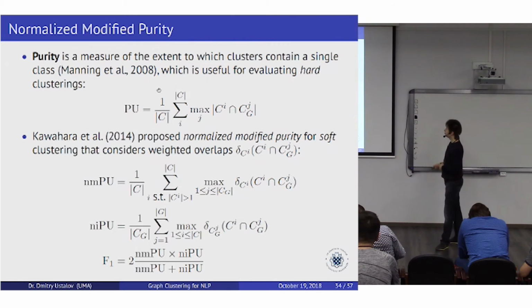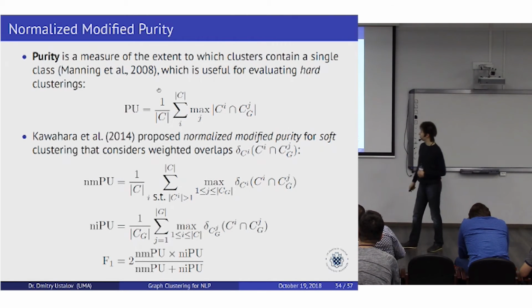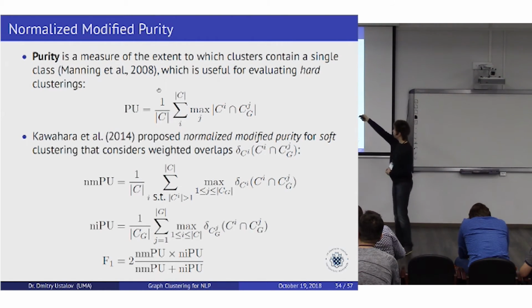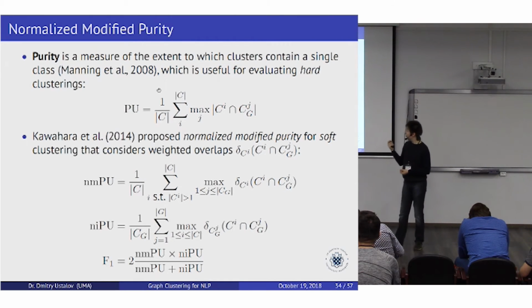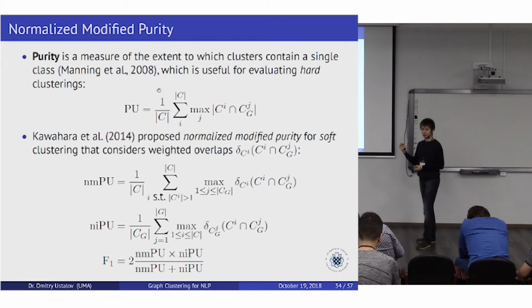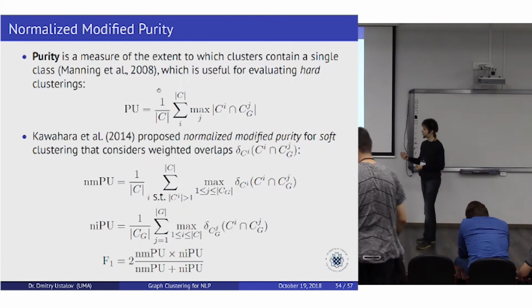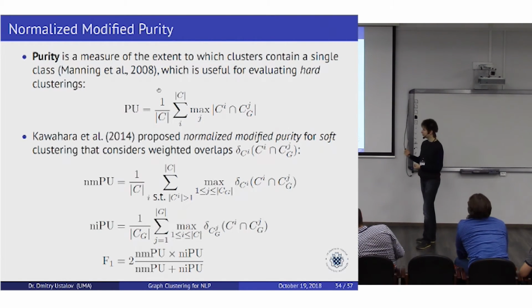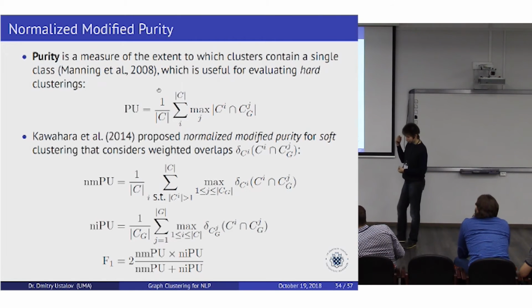Another measure proposed by Kawahara in 2014 is called normalized modified purity for soft clustering. By definition, purity, as you can see in the textbook, is the measure of how many items in each cluster belong to the dominating class of the items in this cluster.